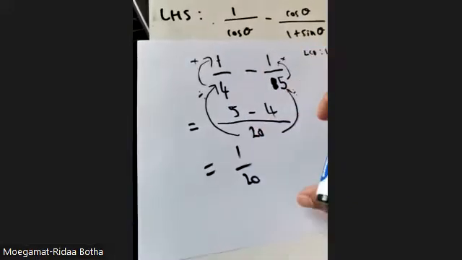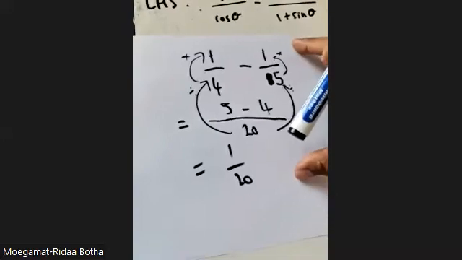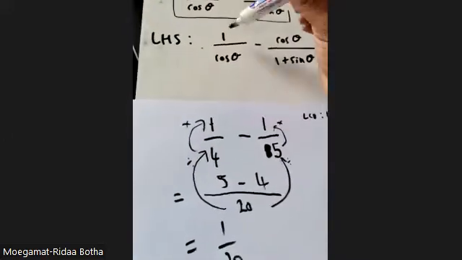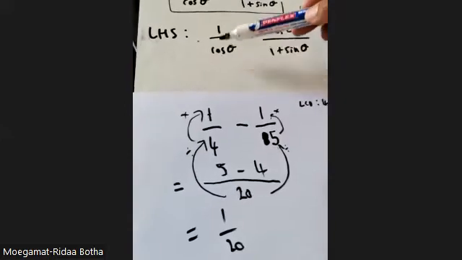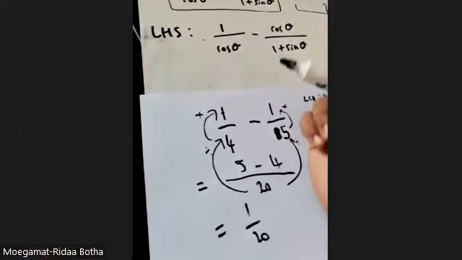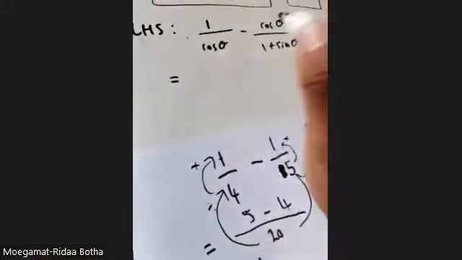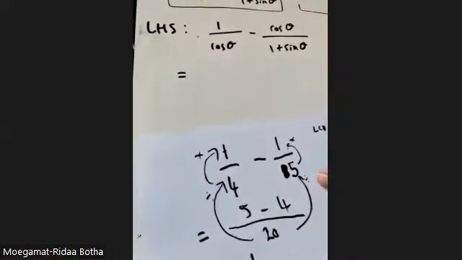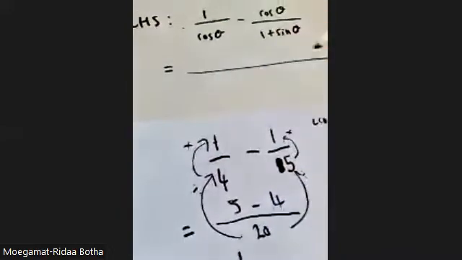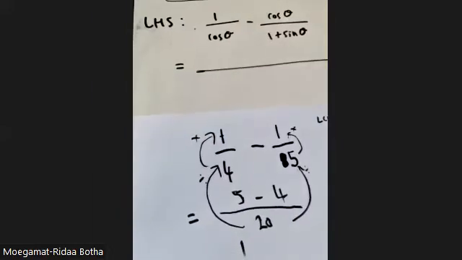Now, this is the very same principle you're going to use when simplifying this. So you see 1 over something minus something over something. In this case, what's the first step you're going to do? LCD. There we go, LCD. And how did we get that LCD?